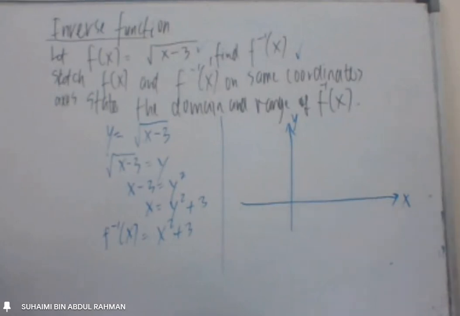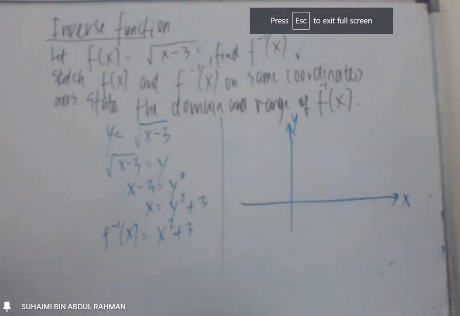It curves to the right. Start from where? Not 0, 0, but 3, 0. Why do we start from 3? Because if we start from 0, it is undefined.